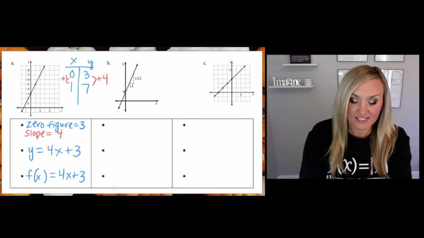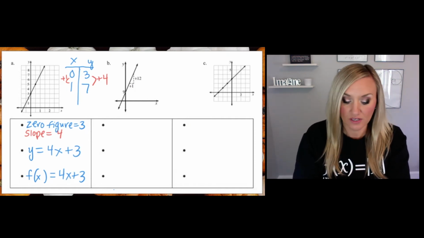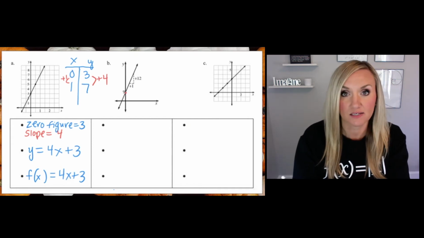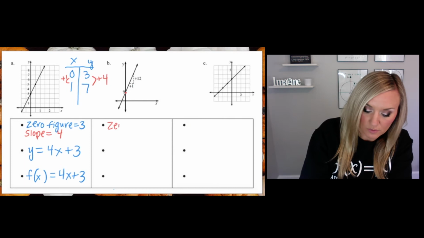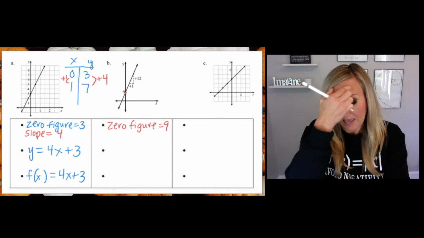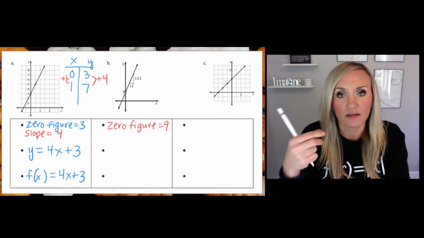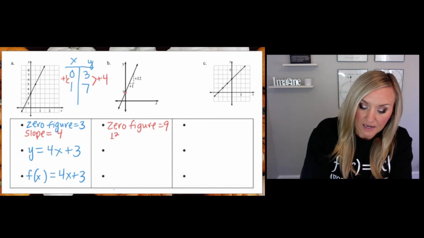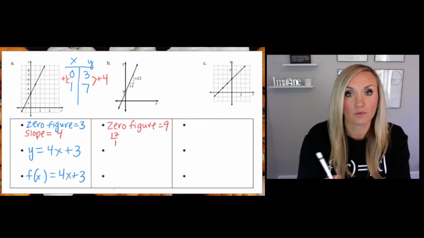So with the next example here, our zero figure is 9, right there, right? When x is 0, y is 9. So we're going to write zero figure is 9. And then how is this line changing? How is it growing? And it is growing by 12 over 1, right?